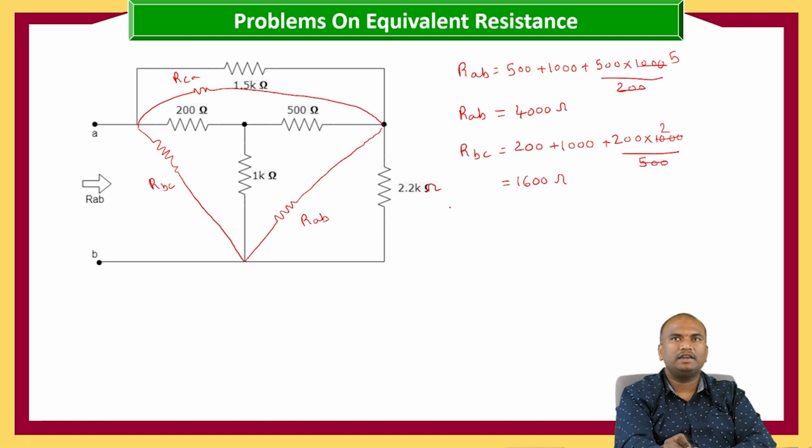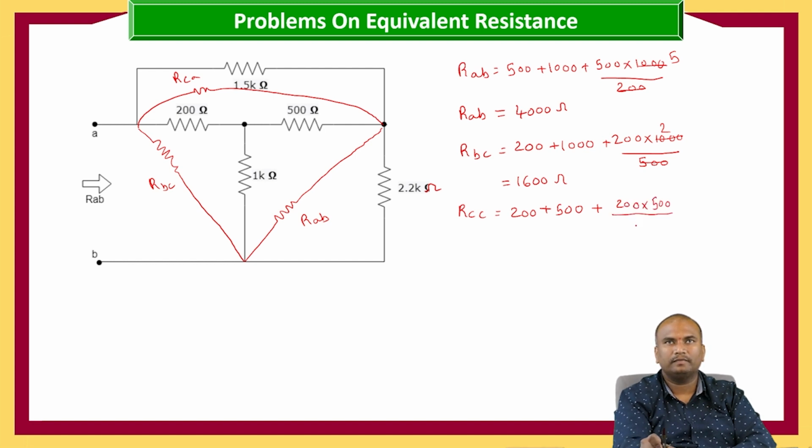Now RCA is equals to 200 plus 500 plus 200 into 500 by 1000, which is equals to here 500 into 200, so here we'll get 100. So 100 plus 200, 300 plus 500, 800 ohms.